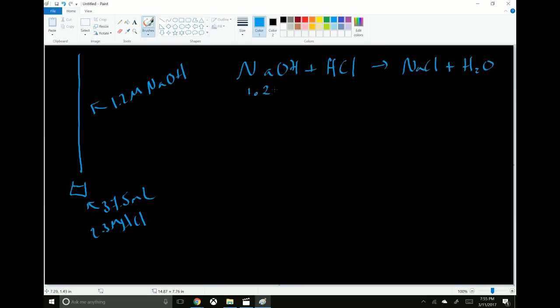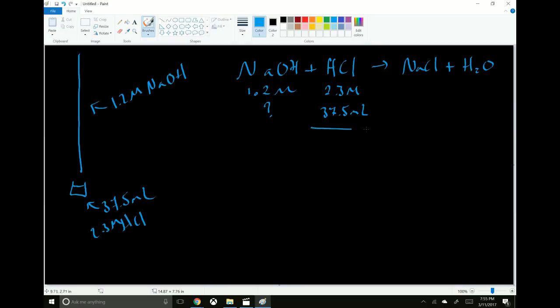So 1.2 molar, 2.3 molar, 37.5 mils, and question mark. So this is a nice simple reaction. It's a 1-to-1 reaction. 1 mole of sodium hydroxide reacts with 1 mole of hydrochloric acid to produce 1 mole of sodium chloride and 1 mole of water.